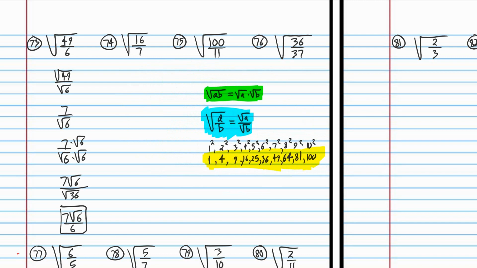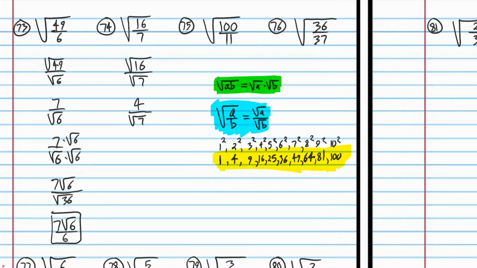All right, we're back. Root 16 is 4. Now we're going to rationalize the denominator.